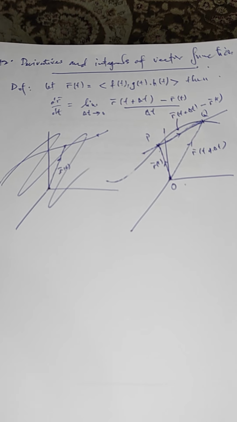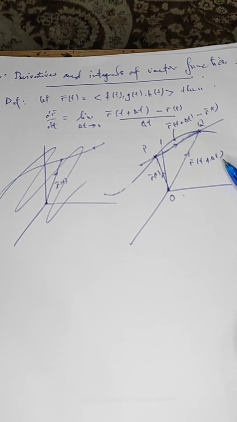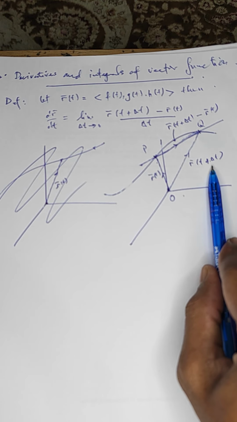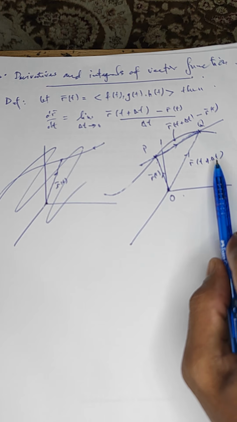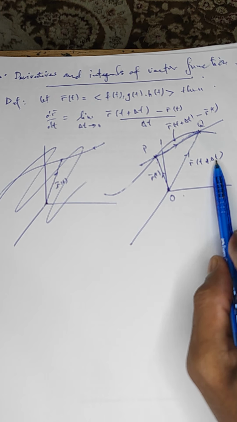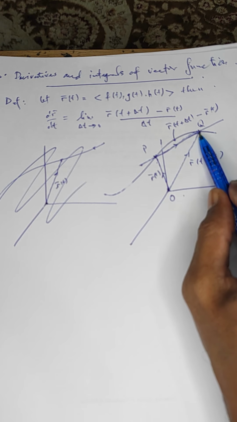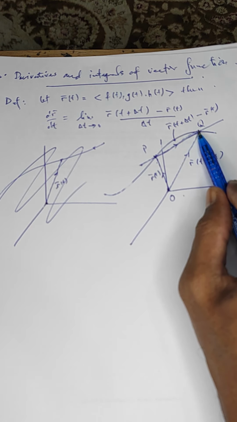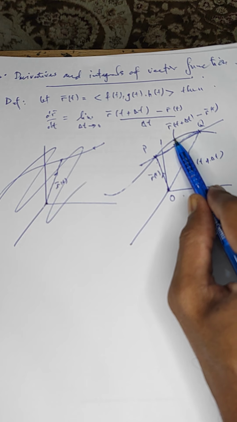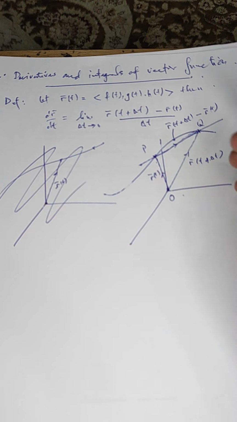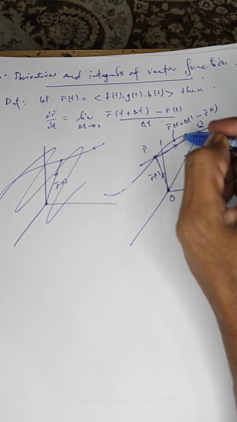As delta t approaches 0, what does that mean? If delta t gets smaller and smaller, the point Q approaches P. So what happens if Q is here?